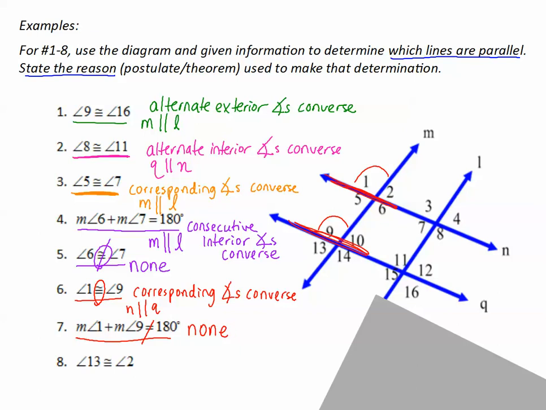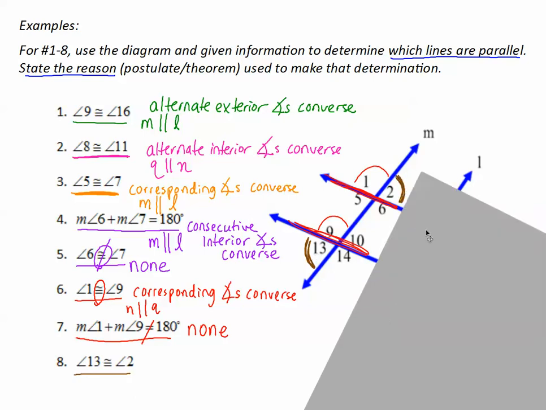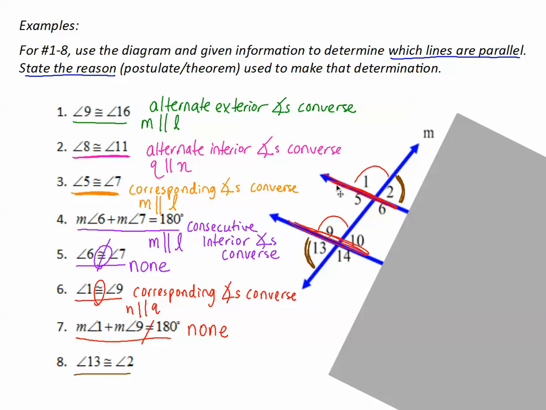Finally, angle 13 is congruent to angle 2. Where are those angles? Angle 13 is here, and angle 2 is here. Again, I'm going to cover up that part of the picture because I don't need it. I see this line and this line again that are left over. 13 and 2 are alternate exterior angles.